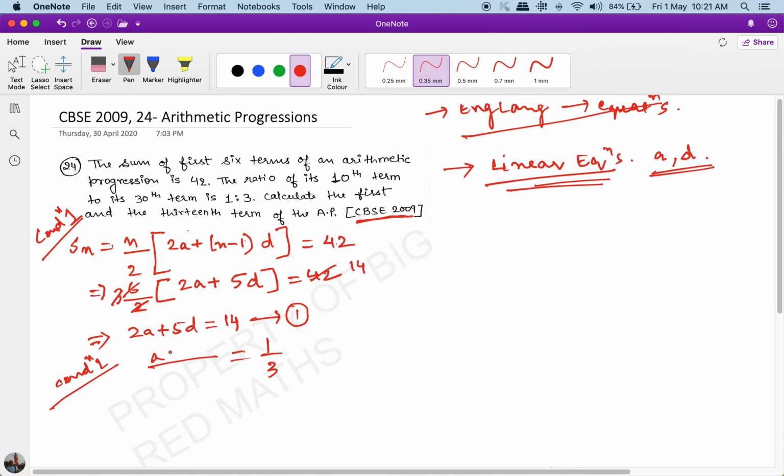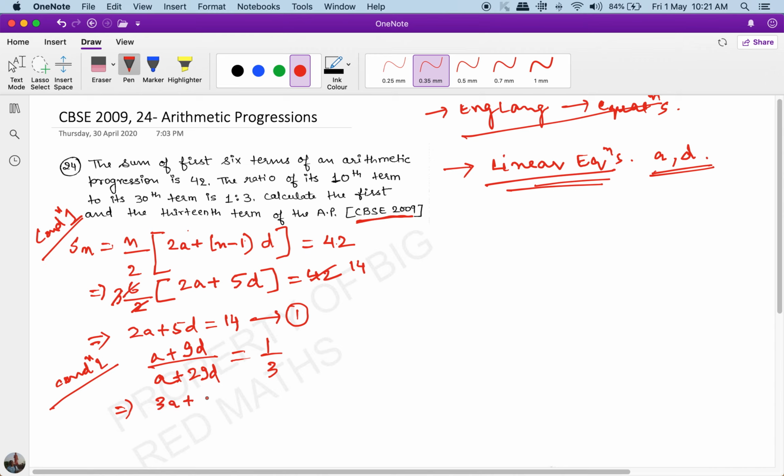Now what is the 10th term? a plus 9d, and the 30th term is a plus 29d. Okay, so this is what I have. Now let me solve this by cross multiplication.